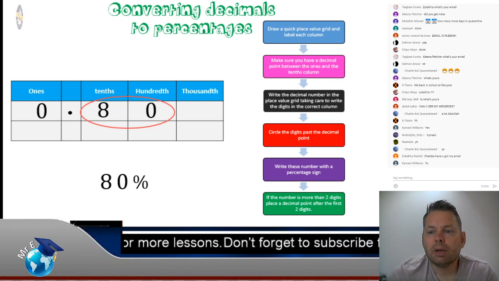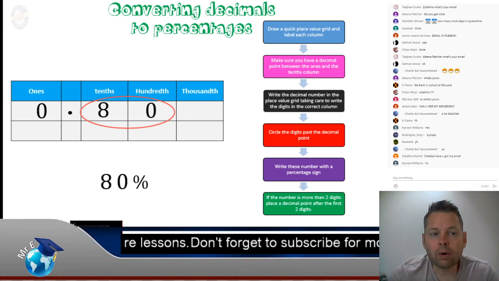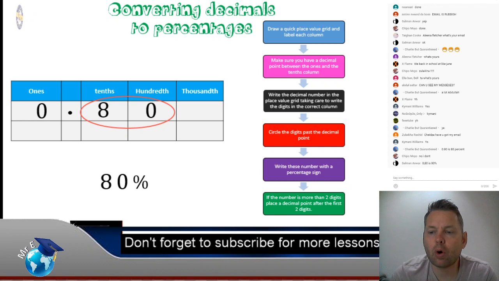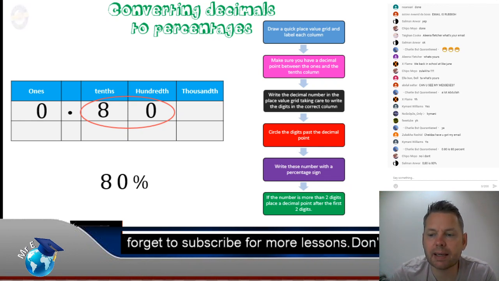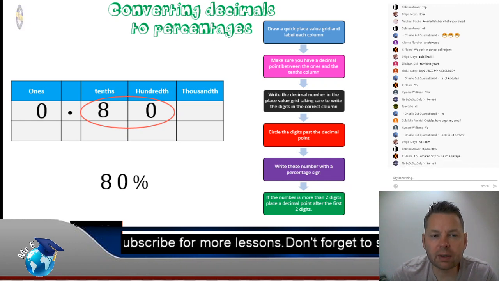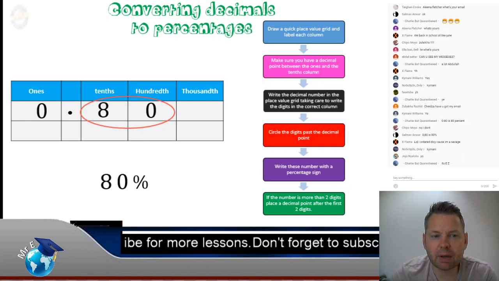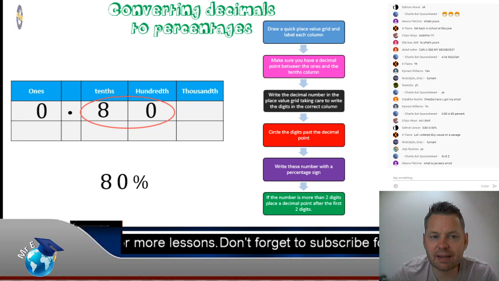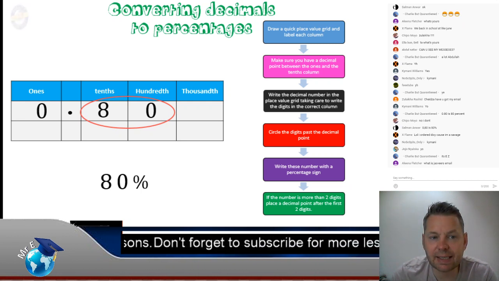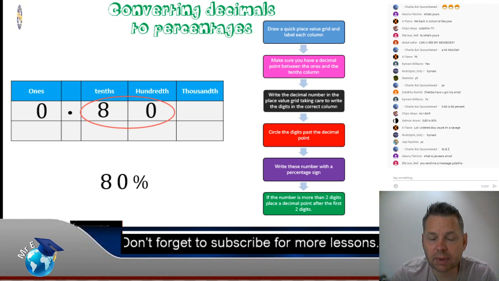The number 1, if we had 1.00, would be 100%. But because we don't have a 1 in the ones column, which is 0, and we have 8 tenths and 0 hundredths, we have 80 hundredths.